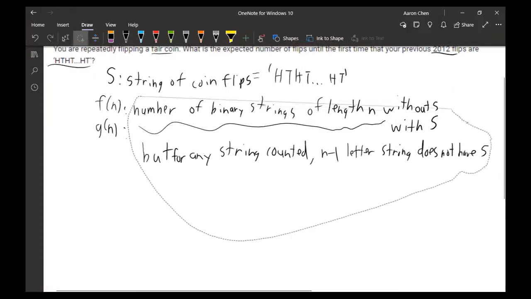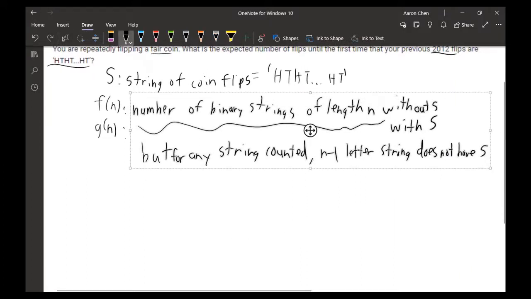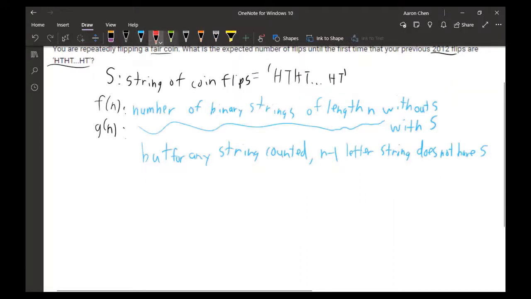So in order to relate them, what we can do is take a string of length n and then add on s to the end.